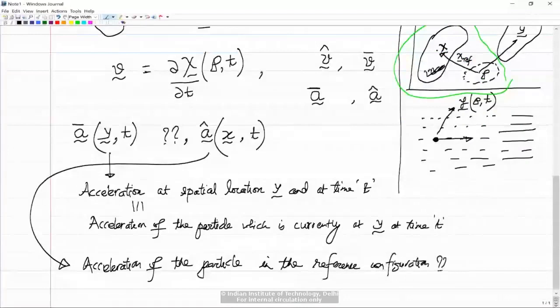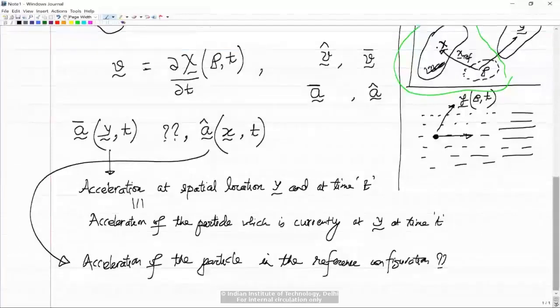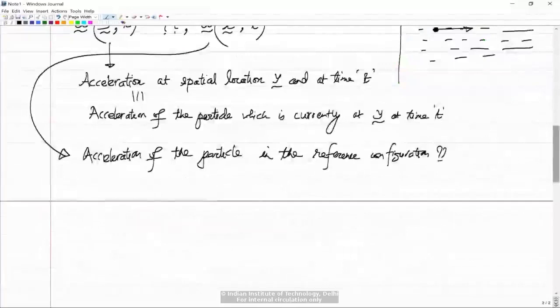Is it implying the acceleration of the particle in the reference configuration? Anybody? Can you make a comment? Well, there are two no's. So all of you are right. It is no.